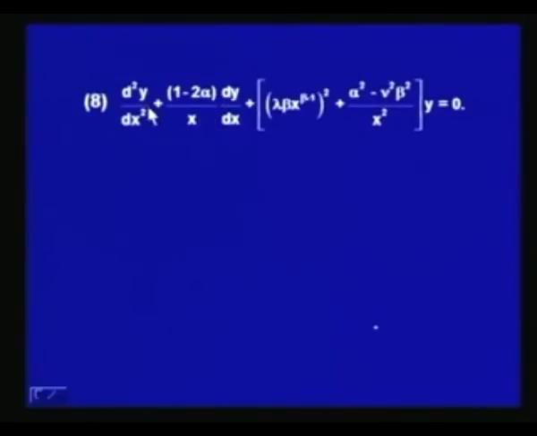It may be written as d square y over dx square plus 1 minus 2 alpha over x into dy by dx plus lambda beta x to the power beta minus 1 whole square plus alpha square minus nu square beta square over x square into y equal to 0, or it may also be written as, if you multiply by x square in the whole of this equation, you get x square d square y by dx square plus 1 minus 2 alpha into dy by dx plus lambda square beta square x to the power 2 beta plus alpha square minus nu square beta square into y equal to 0. So, it may also be put in that form.